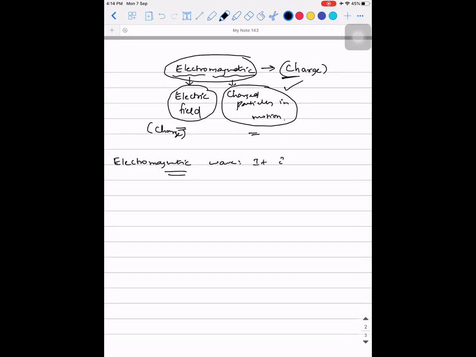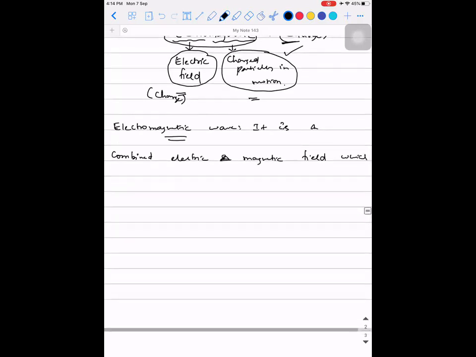It is a combined electric and magnetic field, which are mutually perpendicular to each other, and perpendicular to the direction of propagation.